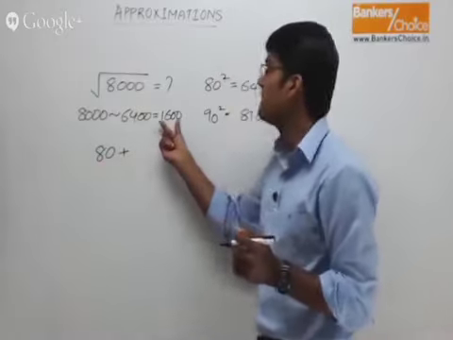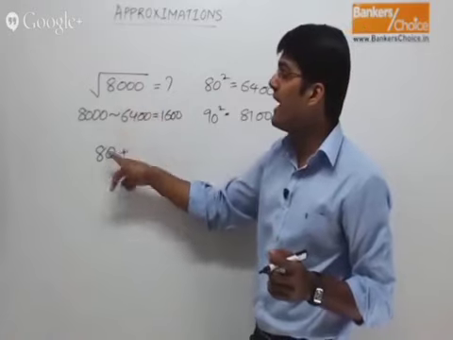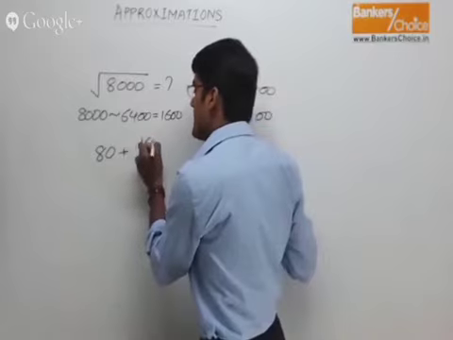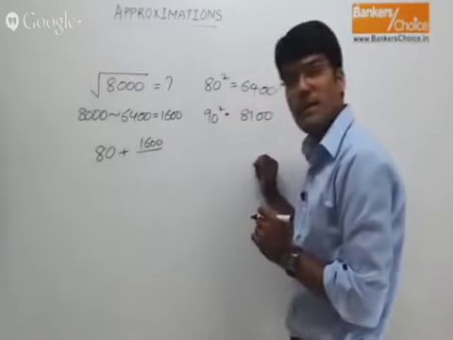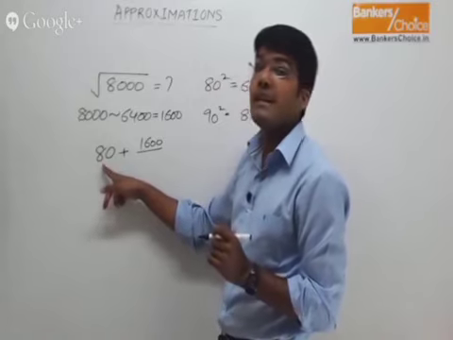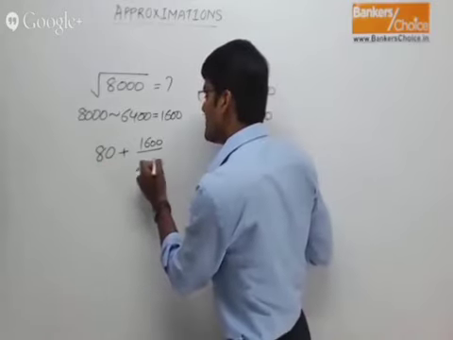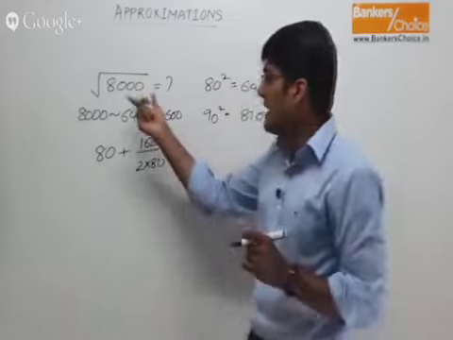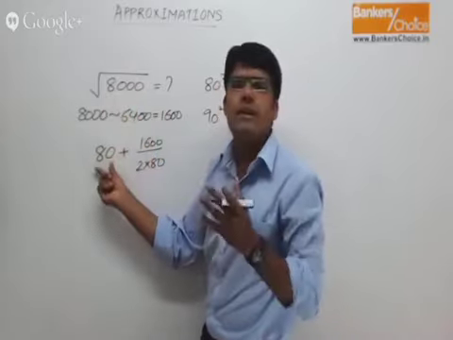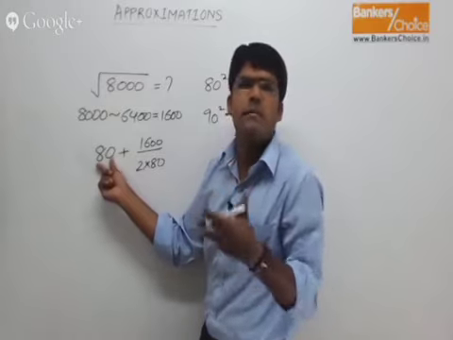80 plus the difference of the given number and 80 squared. How much is that? 1600. So 80 plus 1600 divided by 2 times the value that we have taken here, 2 times 80. Just remember, this is a simple technique. Take the given number 8000. Consider the nearest square that you know, preferably less than that.